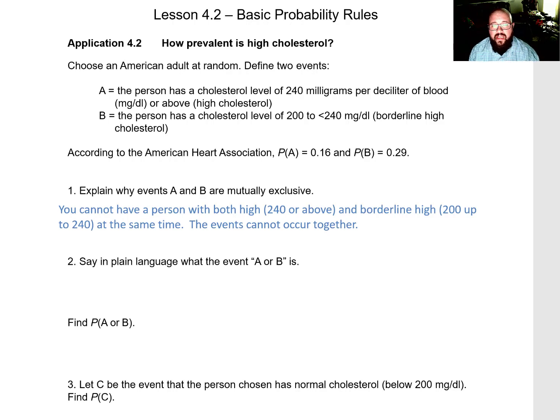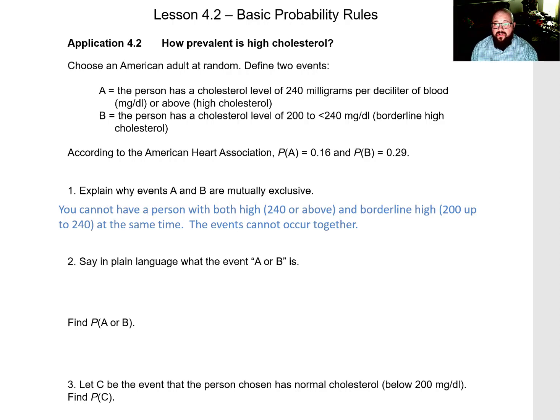This is a good example to explain what mutually exclusive is talking about. Because you cannot have a person with both high cholesterol level, and borderline high from 200 to 240 at the same time. A person cannot have a cholesterol level 240 or greater, and then at the same time have 200 to less than 240. Okay, so the events cannot occur together.